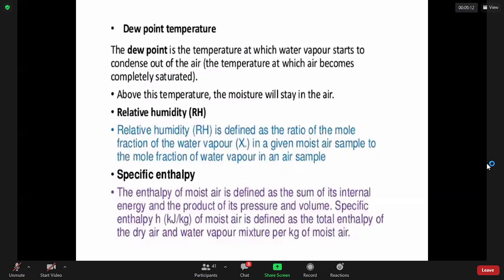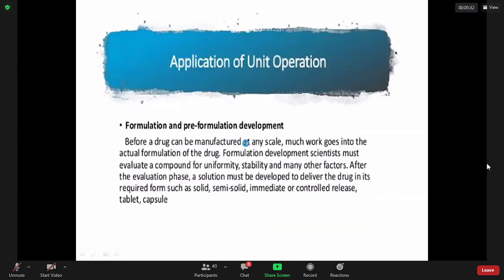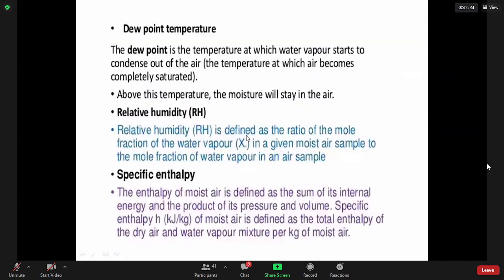So what do you do? You supply some small heat. How do you control it so that you can be able to dry? But you can also use air. You can pass air through the wet solid, and then the dry air will absorb the moisture and remove moisture from whatever wet solid you have. So the types of dryers are given here.